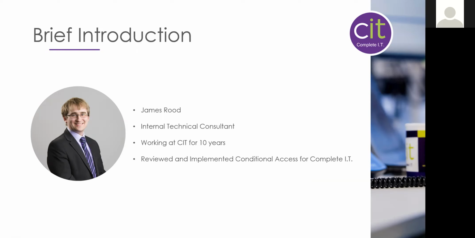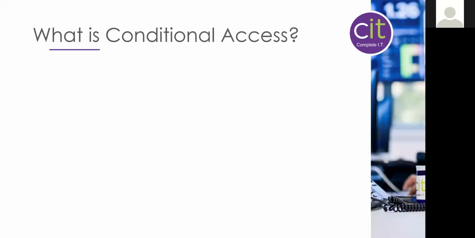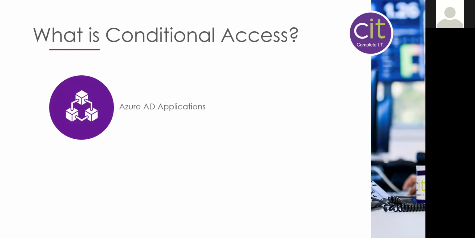So first things first, if you've never heard of it, what is conditional access? It's a way of securing access to Azure AD app-based applications. This is primarily Microsoft 365 because that's all based on Azure AD in the background. But you can actually extend that to any application that can integrate with Azure AD.